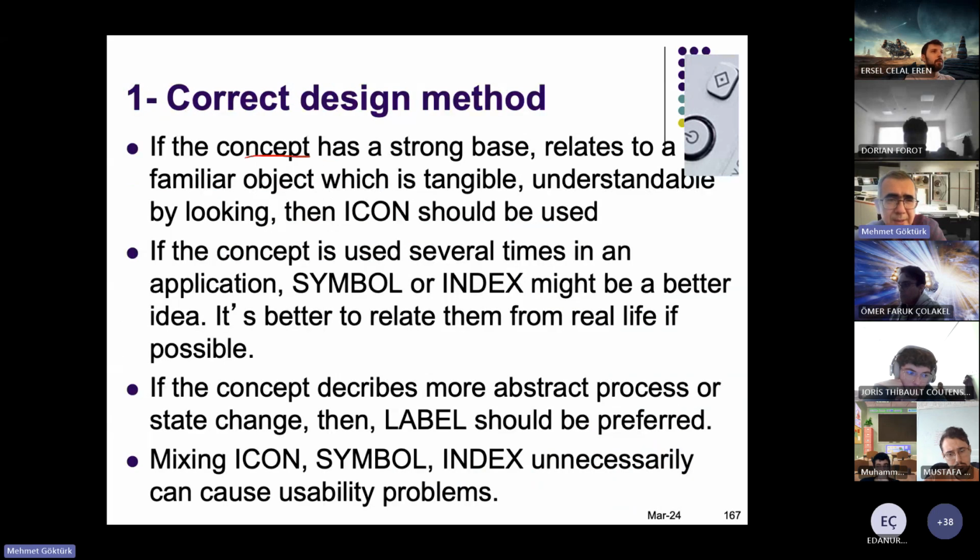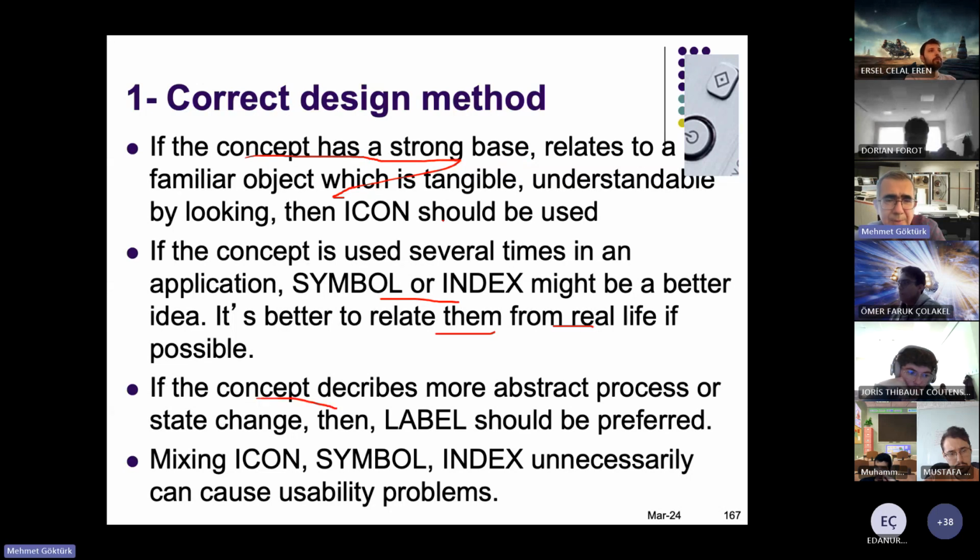If the concept has a strong base meaning, it relates to a familiar object that is tangible, understandable, icon should be used. If this concept is used several times in the application, symbol or index might be a better idea. It is better to relate them from real life if possible. Otherwise, symbol.